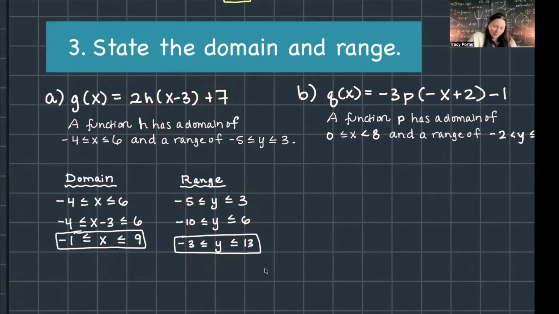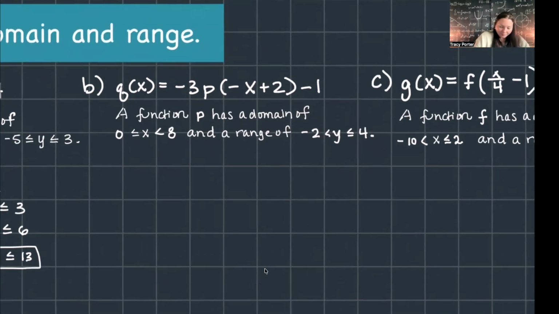So this one is a little more intuitive than this one because it's just dealing with what happens with the output. You don't have to worry about what goes in it. So let's look at the second one here. For this particular problem, like it says, we want to find the domain and the range.